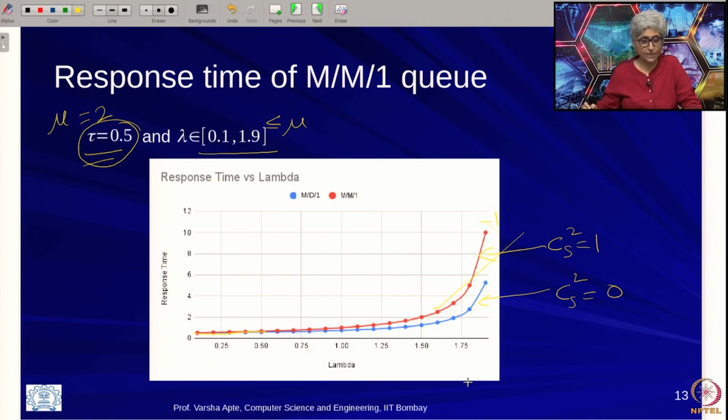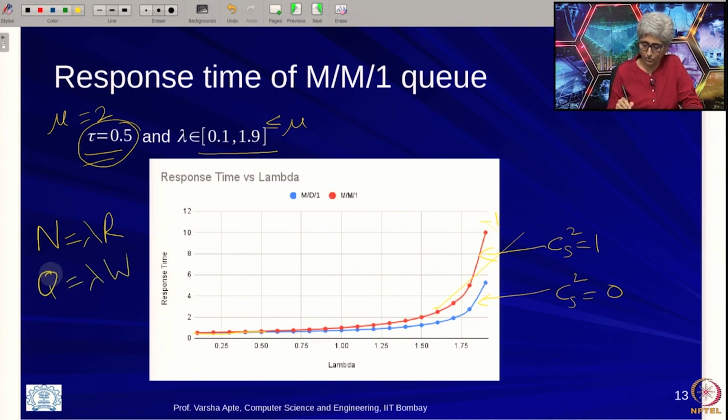So, once you have response time, those formulae N equal to lambda R and Q is equal to lambda W, especially for the MM1 queue, since we know that the throughput is equal to the arrival rate. From these two formulae you can get N and Q. Okay.